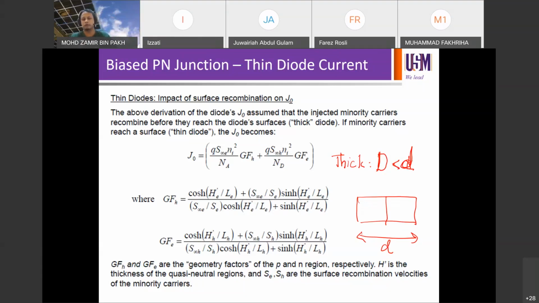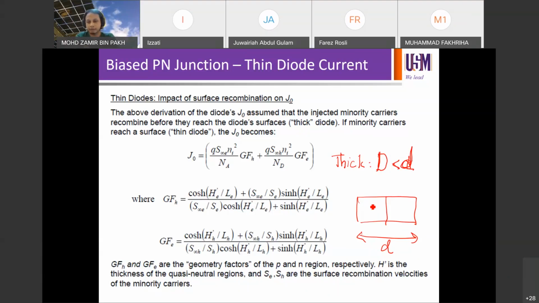So if the diffusion length of the carriers, electrons or holes, is bigger than the thickness of the device, that means they can diffuse longer than the device thickness. So they will reach the surface of the device and get collected and contribute to the electricity, for example, or other device operation. Then we can say that they manage to survive.